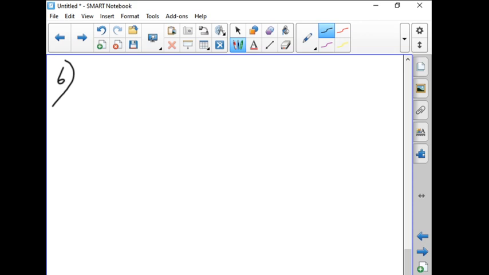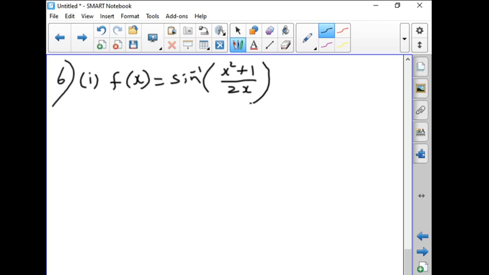Question number 6. Find the domain of the following. The first one is f of x equals sine inverse of (x square plus 1) by 2x. What is the domain?